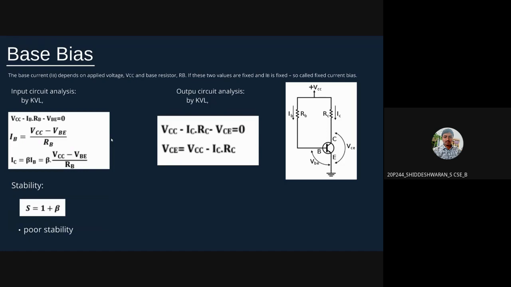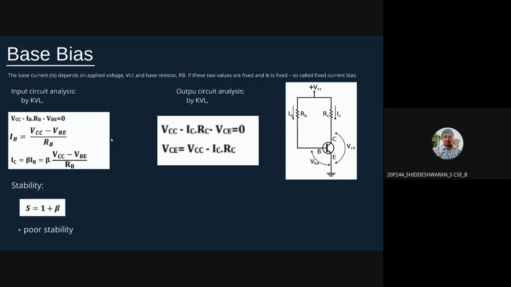Here, we just connect the base terminal and collector terminal to a common DC source VCC, and then we vary the values of RC and RB to get the required IB, which then biases our transistor to get the desired characteristics.